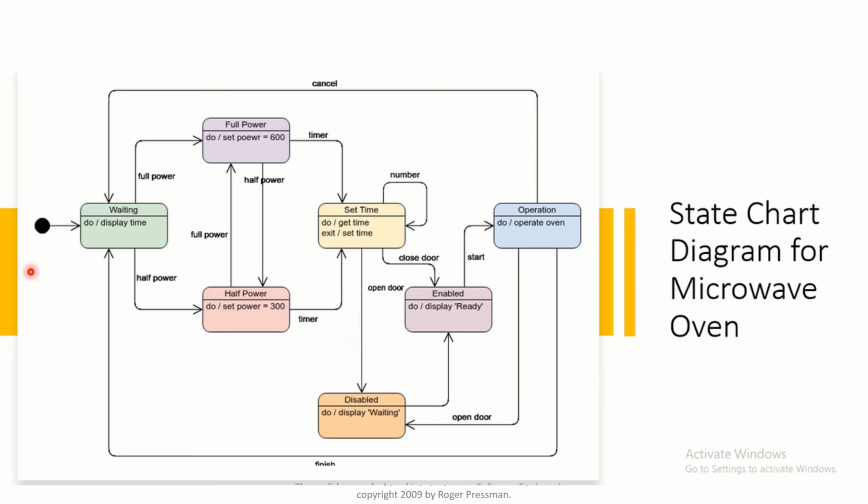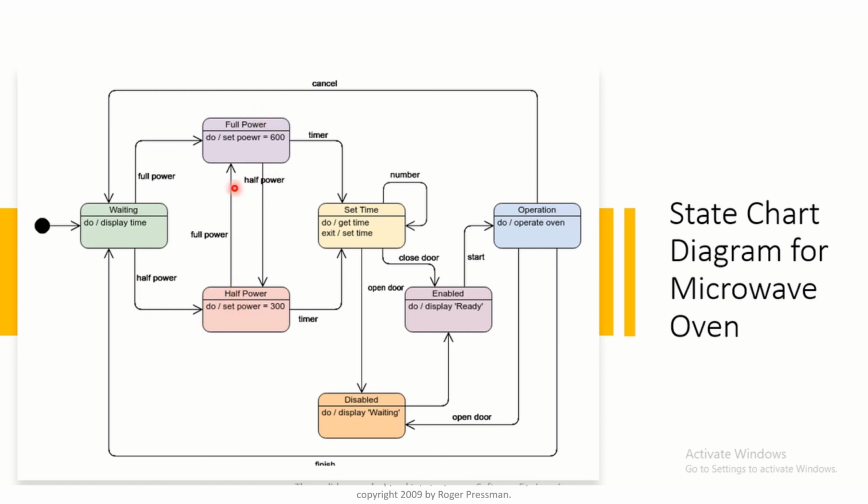Starting with this black circle, it notifies the start of the operations. You first see the waiting state, and it shows the display time operation. Here you need to specify the action. At the very start you see the display time on the screen interface, and after that if you turn on the full power, it is the full power state, and there is an option of half power, and you go to the half power state.